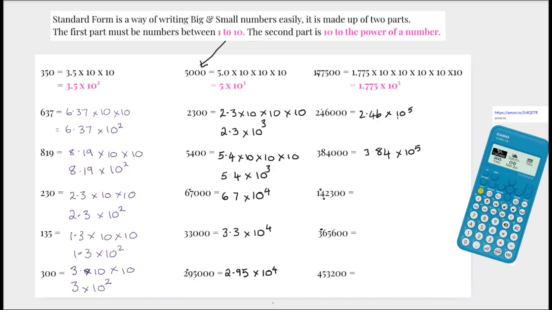Next one, 142300. That's 1, 2, 3, 4, 5. So yeah, 1.4 meets our criteria. Add the extra bits afterwards. That's like the final step, the third step, I suppose. So to the power of 5. Same again, 1, 2, 3, 4, 5. 3.6 meets the criteria, and add the numbers afterwards. And it's 10 to the power of 5.